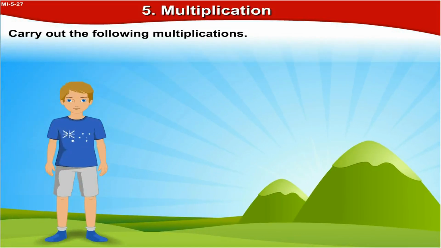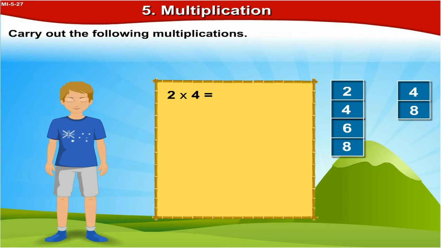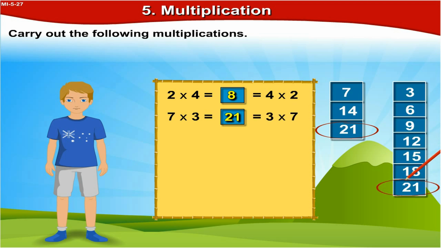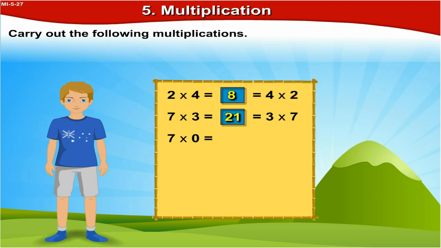Carry out the following multiplications. 2 multiplied by 4 is equal to 8. 8 is equal to 4 multiplied by 2. 7 multiplied by 3 is equal to 21. 21 is equal to 3 multiplied by 7. 7 multiplied by 0 is equal to 0.